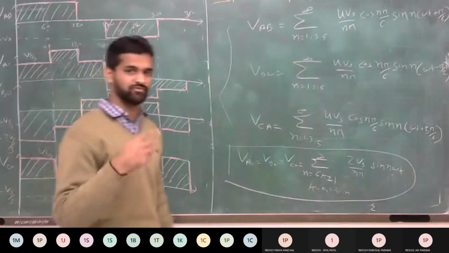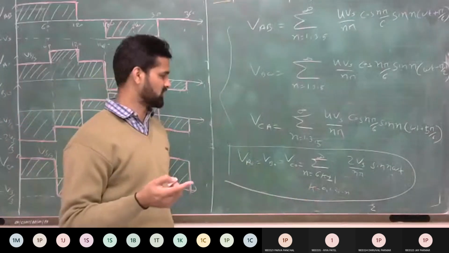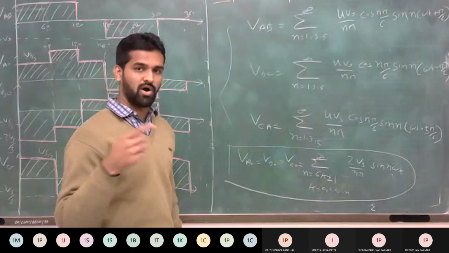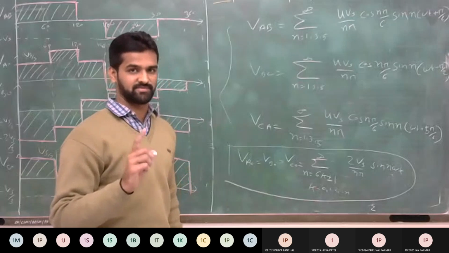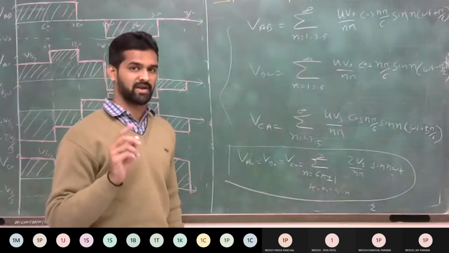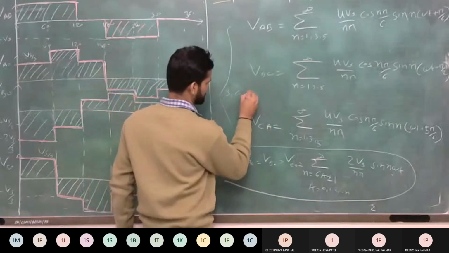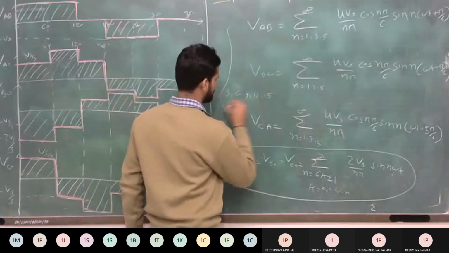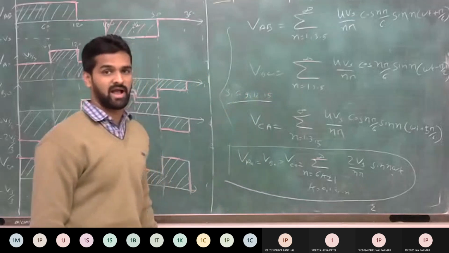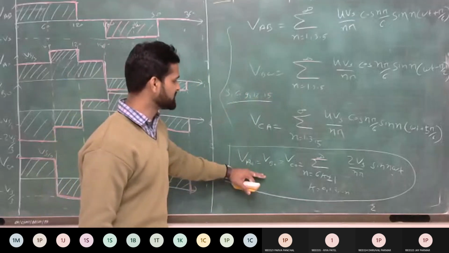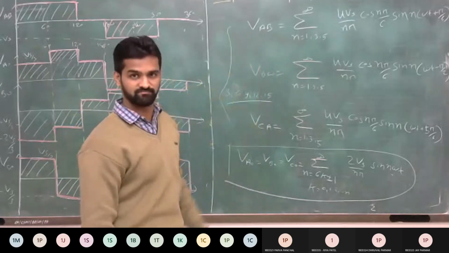We will also prove in the Fourier analysis by simulation that all the triplen harmonics are absent, meaning multiples of 3, like 3, 6, 9, 12, 15. All these harmonics are absent in phase voltage as well as in line voltage.